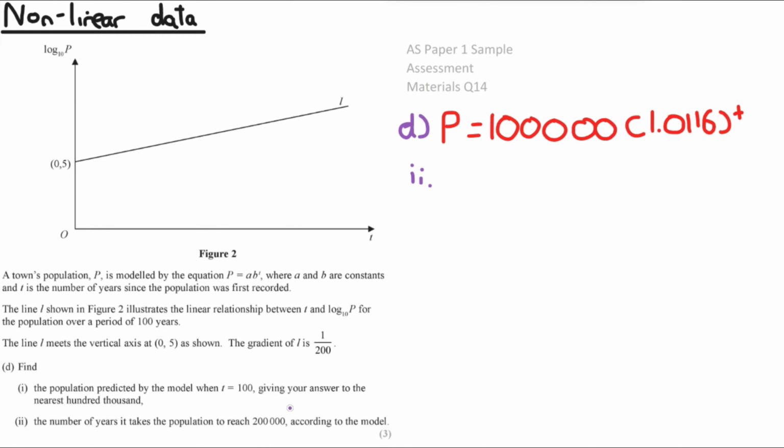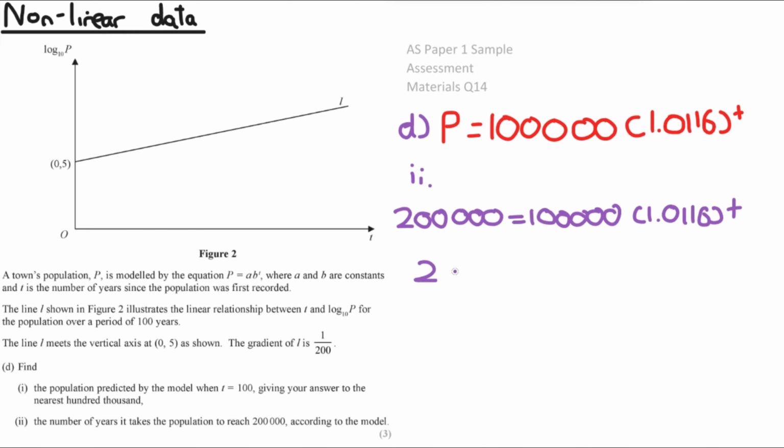And then for part 2, we need to find the number of years that it will take to reach the population of 200,000. So therefore we set p equal to 200,000. So it's going to be 200,000 is equal to 100,000 times 1.0116 to the power of t. Divide both sides by 100,000 to get 2 is equal to 1.0116 to the power of t, and then I'm going to take a log base 1.0116 of both sides, so log base 1.0116 of 2 is equal to, and if we take this log on this side, this would just be equal to t.